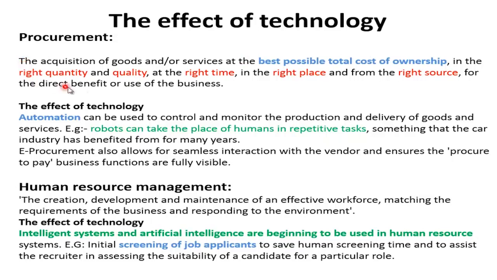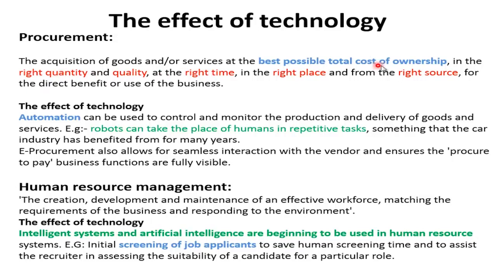How does it affect it? Procurement is the acquisition of goods and or services at the best possible total cost of ownership. I think we are going to talk about total cost of ownership in the next slide. It should be in the right quantity, right quality, right time.